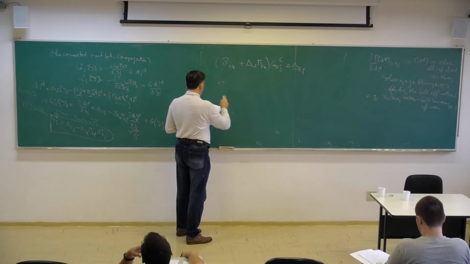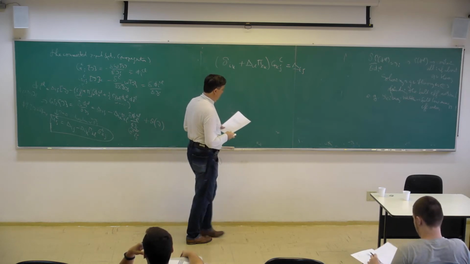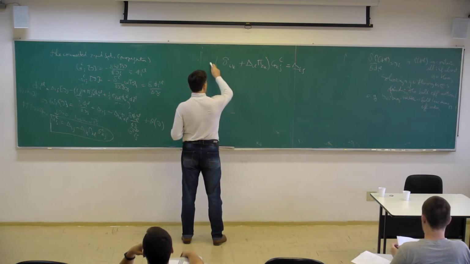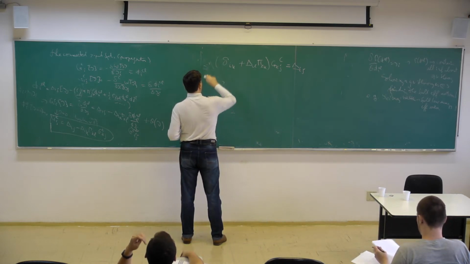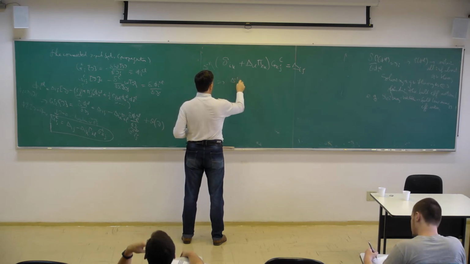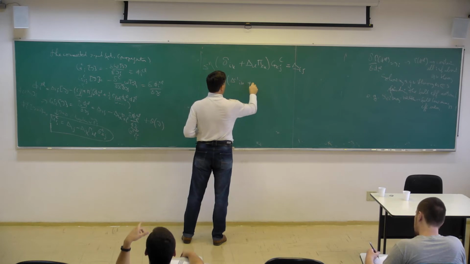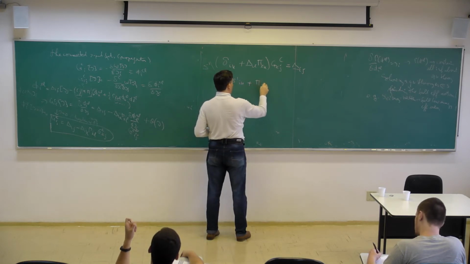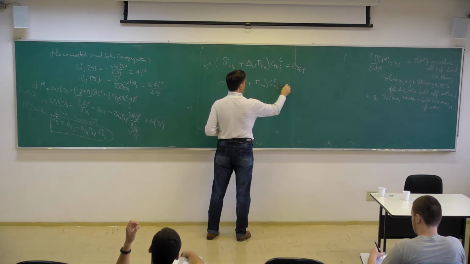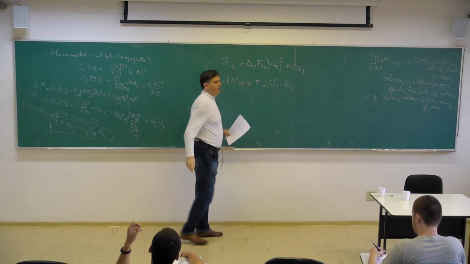And now I can multiply by delta minus 1, and get delta minus 1_ik plus pi_ik, G_kj connected is delta_ij.